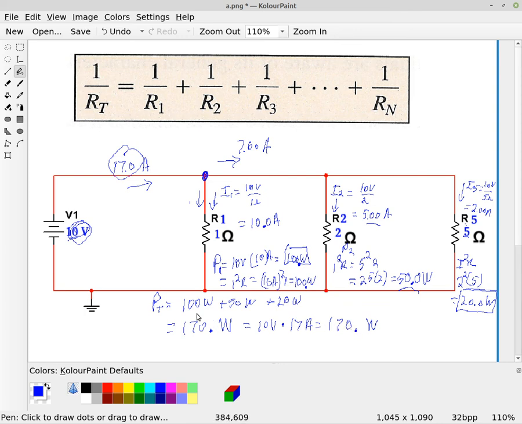So the total power is the power being dissipated in each resistor, which is the voltage supplied times the total current being fed. So what is our resistance of the entire circuit?